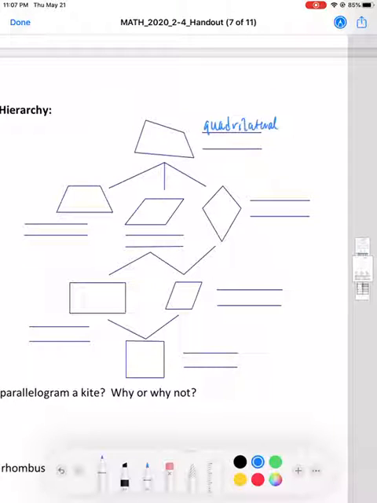General quadrilateral. The second line by the figure is for the definition. Four-sided figure. Okay, so four-sided geometric figure.